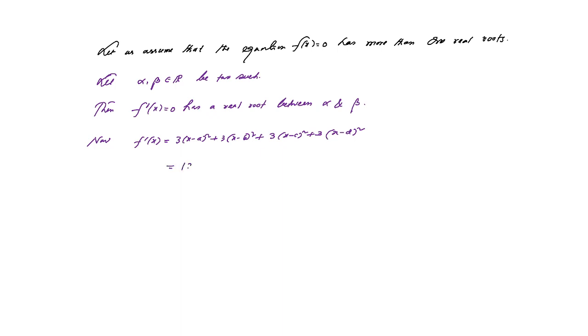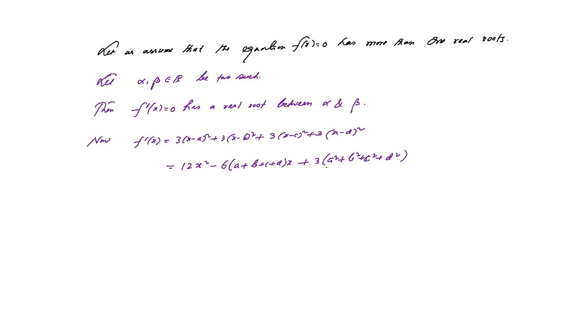So that means it will be 12x² − 6(a + b + c + d)x + 3(a² + b² + c² + d²) by simple calculation.